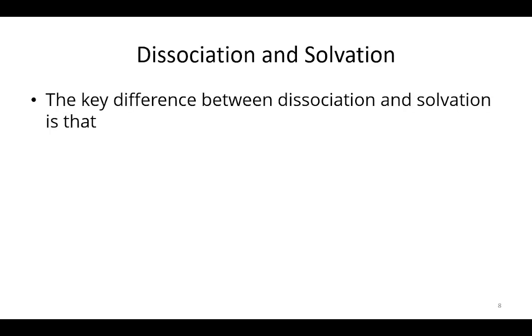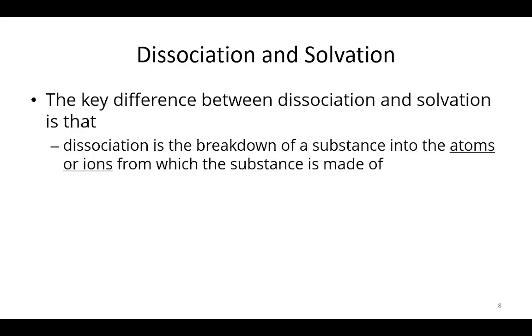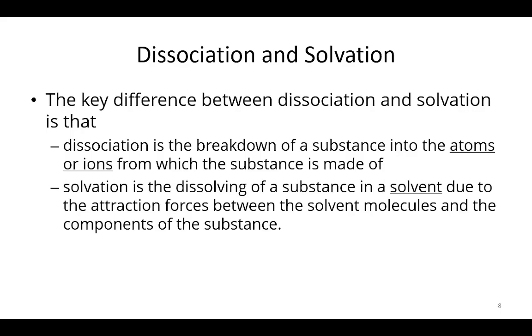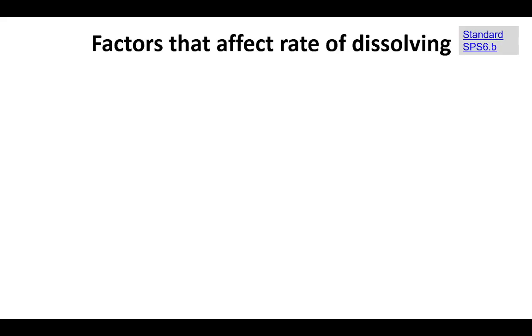Our big difference between dissociation and solvation is that dissociation involves the breakdown. So it's actually breaking big pieces down into smaller pieces. Where solvation is the interactions between the attractive forces in our substances. So one is breaking things down. The other is the attraction between the solvent and solute molecules.